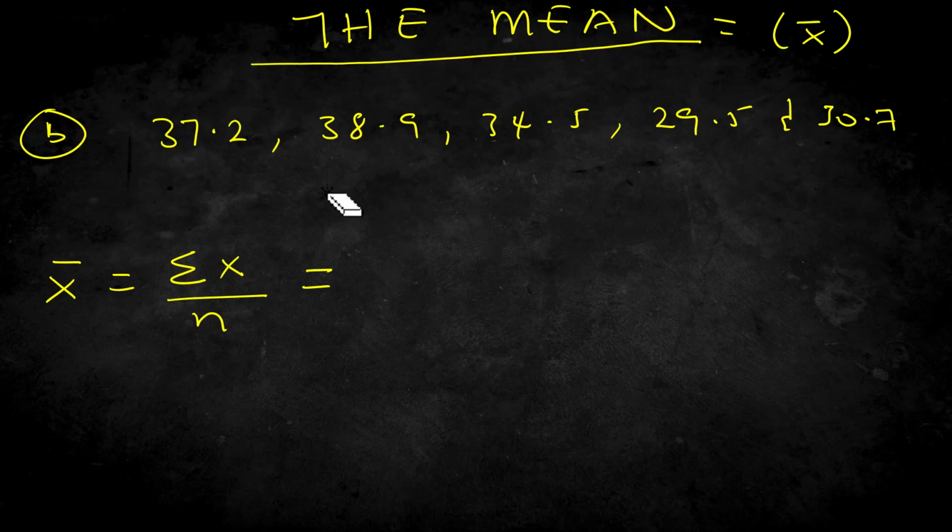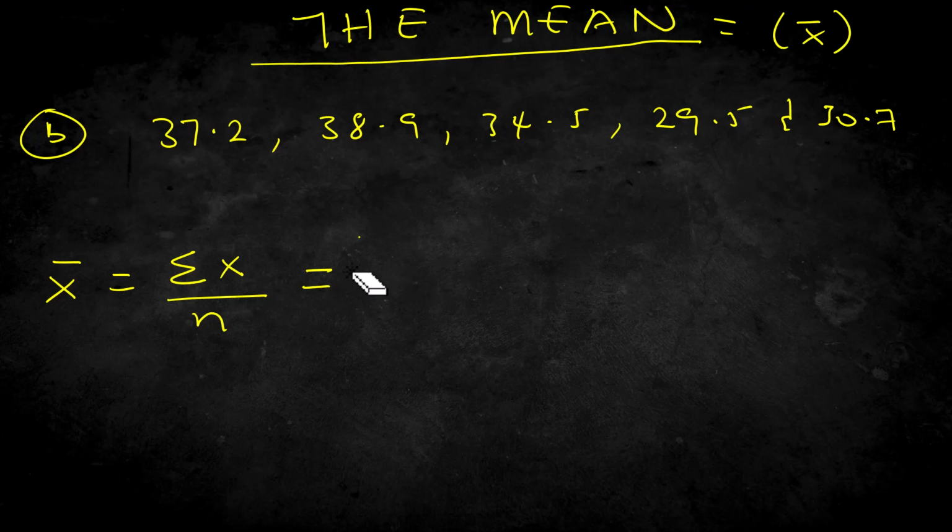So let's put them together on the calculator: 37.2 plus 37.5 plus 38.9 plus 34.5 plus 29.5 plus 30.7.